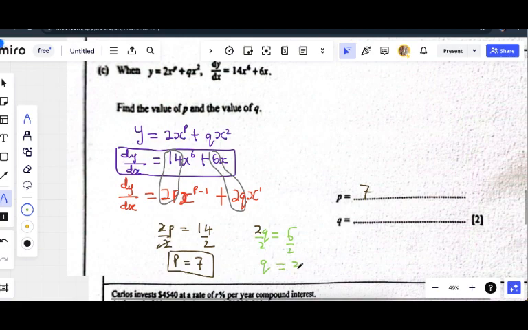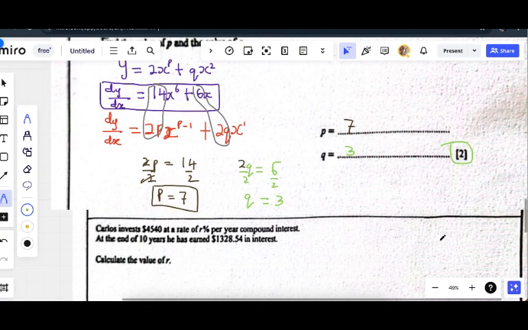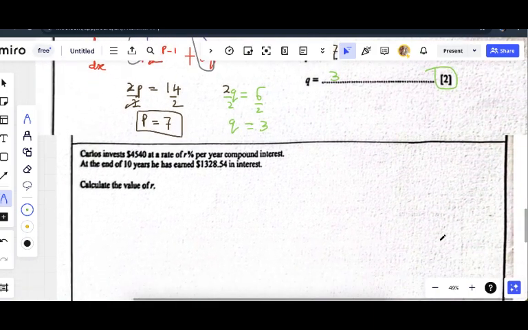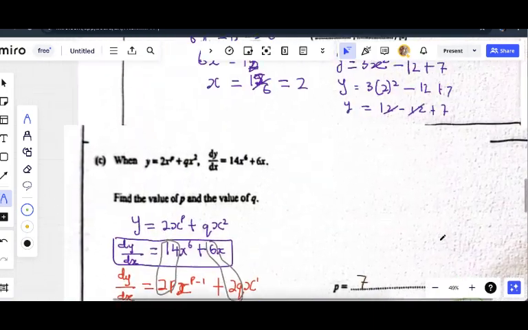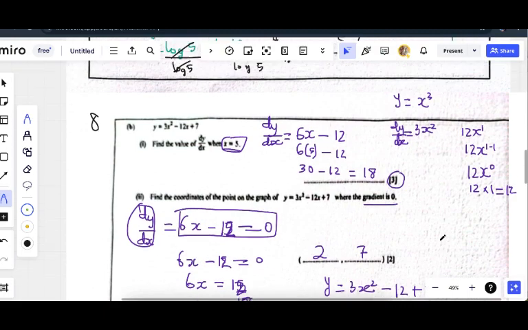It makes sense because if q is 3, 2 multiplied by 3, you get 6 here. That's how this 6 comes about. So q equal to 3. You get your 2 marks for doing this. This is how we grow in IGCSE problems and we become a super giant in solving this problem.